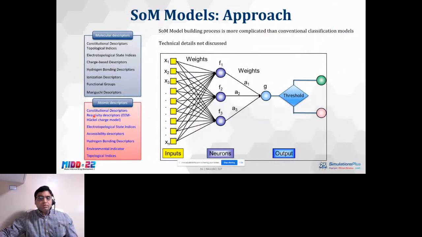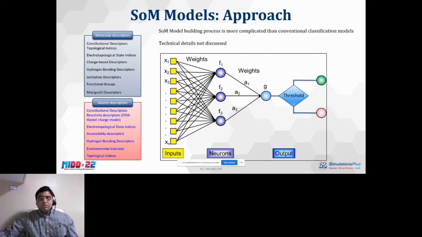We had carried out optimization of around 1,000 different small drug-like molecules using quantum chemical calculations, calculated the partial charges, and that's how we get these reactivity descriptors, or Huckel charge models, and these descriptors are used in our sites of metabolism models.